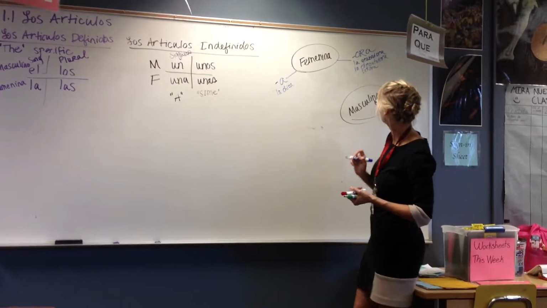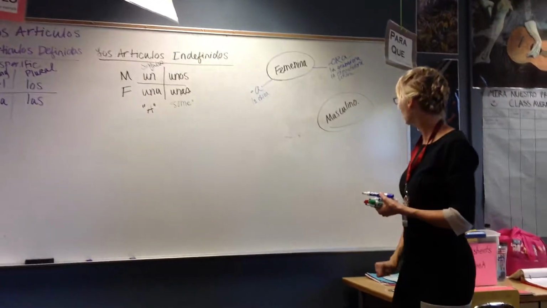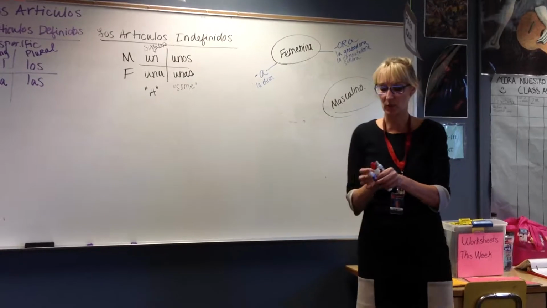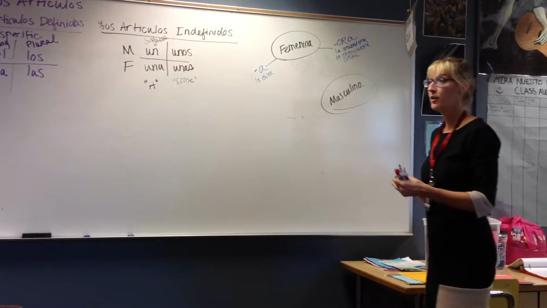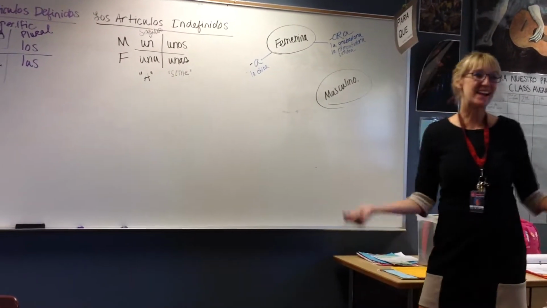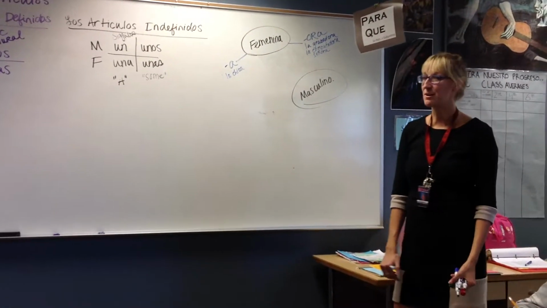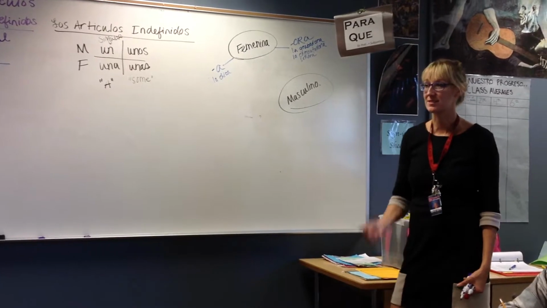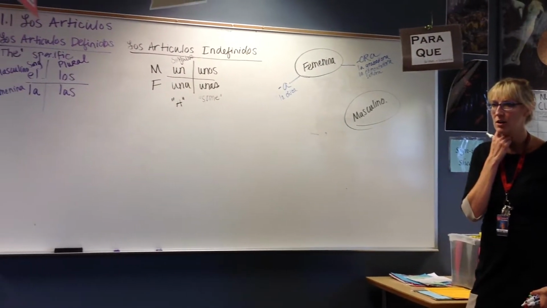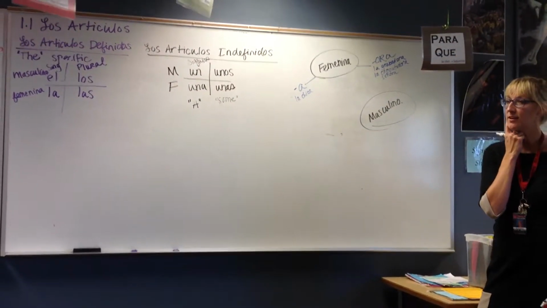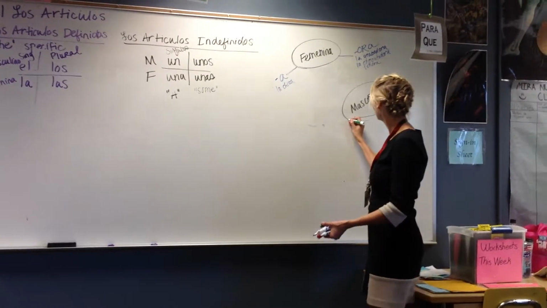So, over here on our masculinos, what's one masculine one that you know so far? El hombre. If it ends in an E, we let it be. So that one we can't tell. That's not one of our general regular ones. El chico. So what does it end in?